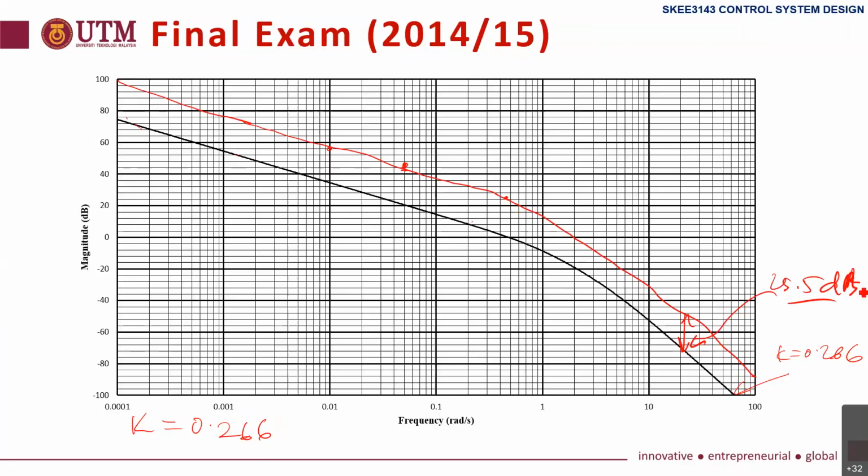Try to be accurate. This is with k equal to 5. Why do we use k equal to 5? Because we want kV to become 10, so the error becomes 0.1.